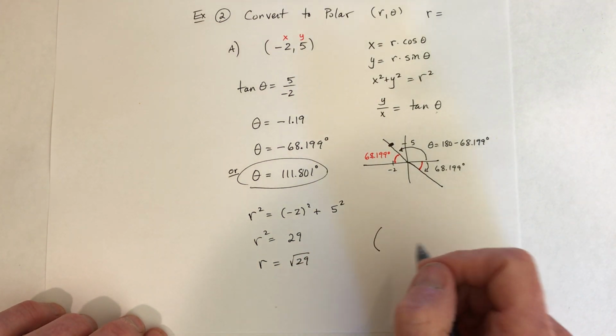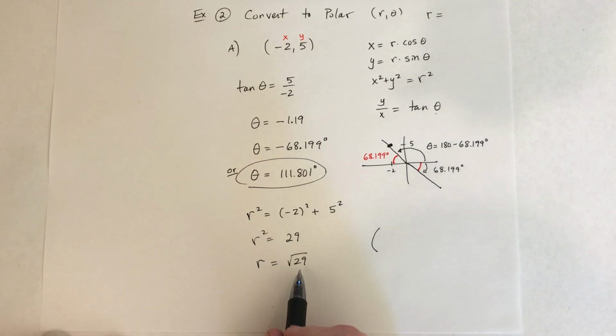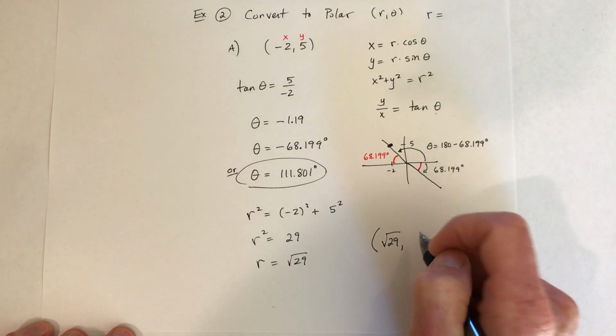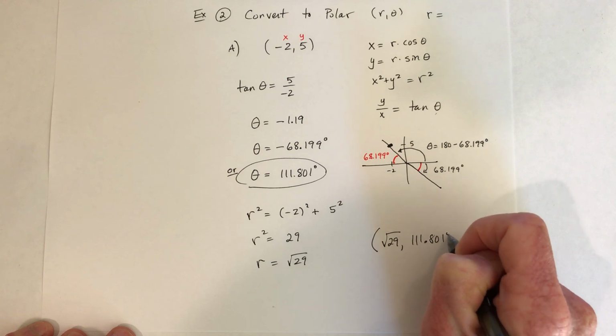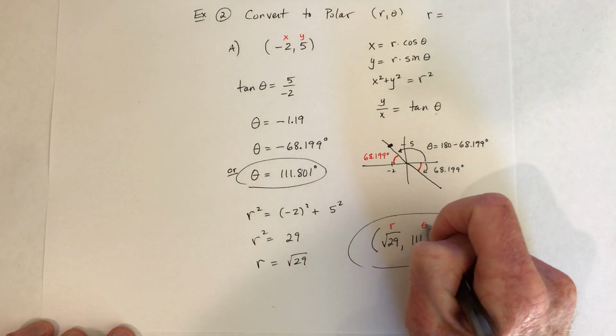So then the final answer would be r, and this square root of 29 can't be reduced, so you could just leave it like that, or you could put the decimal form of it if you want to. And so there is the r and the theta, where r goes first, theta goes second.